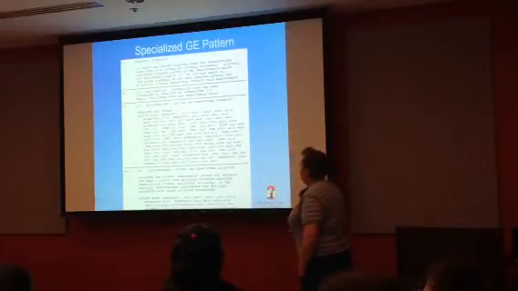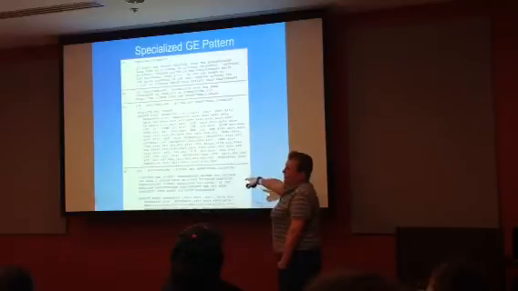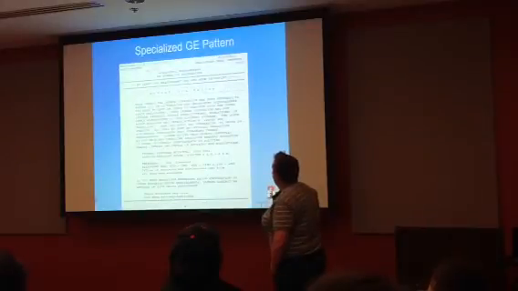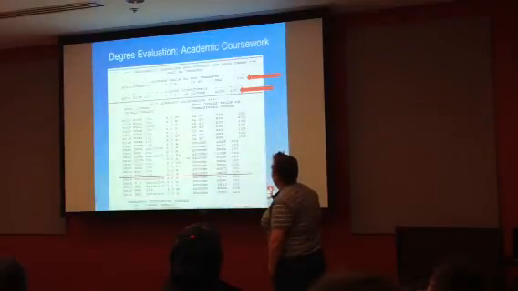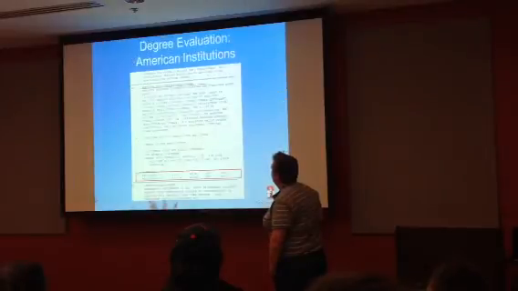So this student says, okay, I'm a transfer student, I'm an engineering student, I need my humanities, I need my social and behavioral. And then they say, well, how do I know if I completed my American institutions? Well, we flip back, I'm using our old example, so this is going to be a little different. We look at their evaluation, and we're looking at the American institutions.